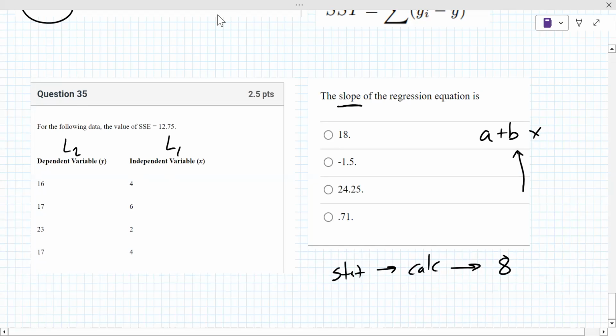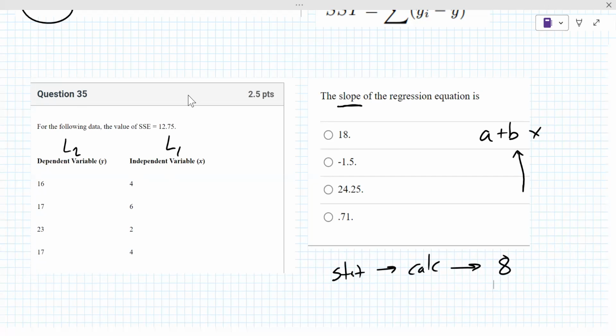Oh, I just have data for L1. Oh, I did T interval. Yeah, it's very easy to go and use the wrong thing. But if it's asking for sigma and you don't have sigma or something, you're like, okay, maybe I'm in the wrong place.